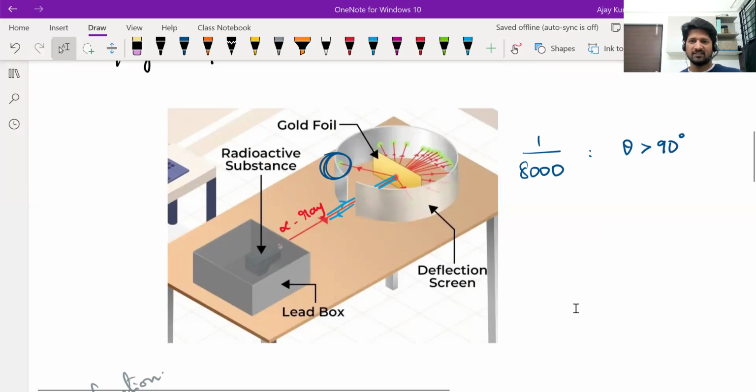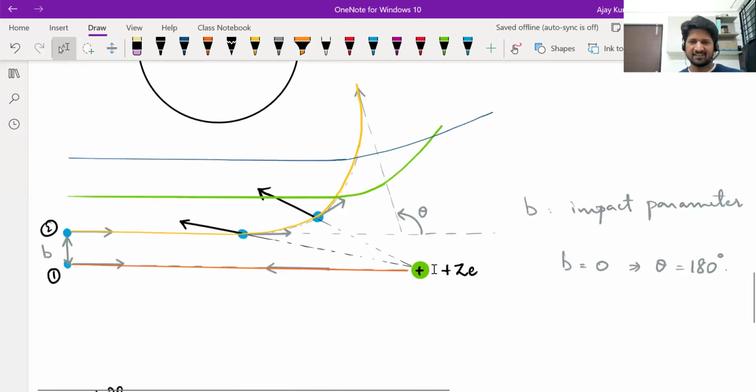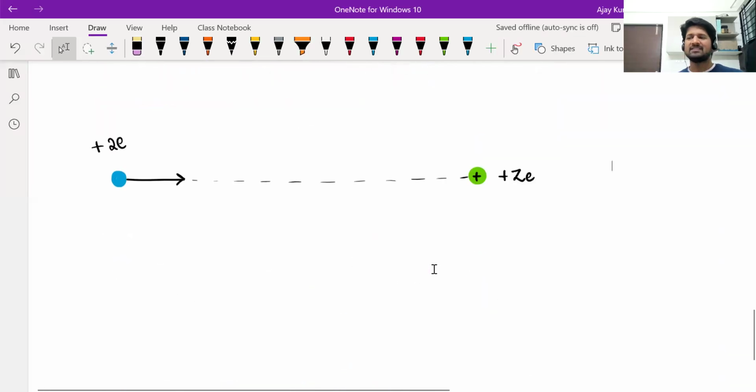Atomic number of gold. Huh? 79, I think. 79. Correct. That means it has 79 protons. And in addition, there will be 79 or more neutrons also. So it's quite heavy compared to the alpha particle.